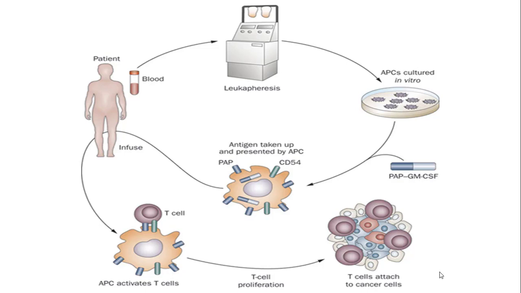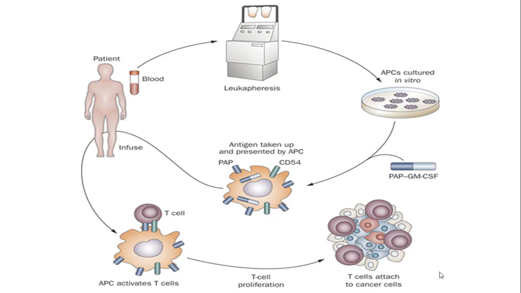How is it prepared? Dendritic cells from the patient's own blood are taken by leukapheresis and cultured ex vivo with prostatic acid phosphatase and GM-CSF. Then the antigen is taken up and presented by antigen presenting cells.